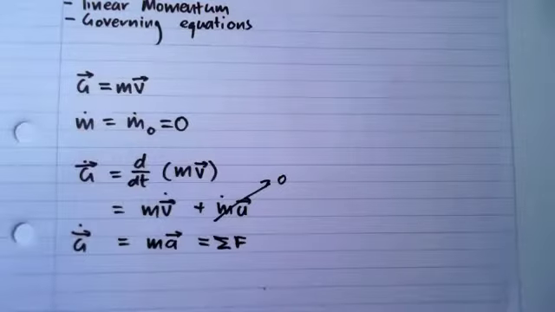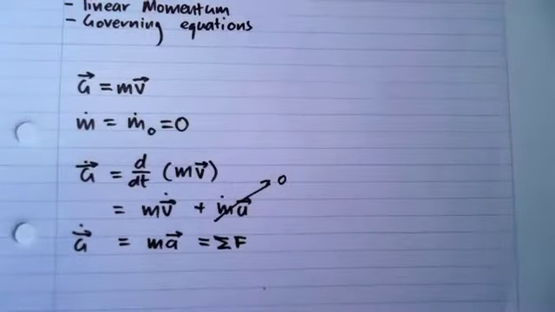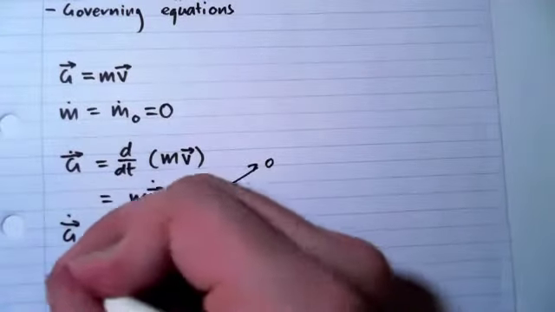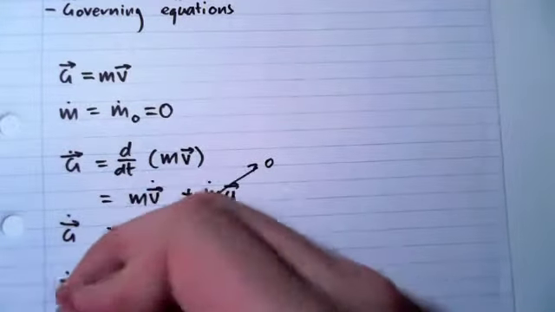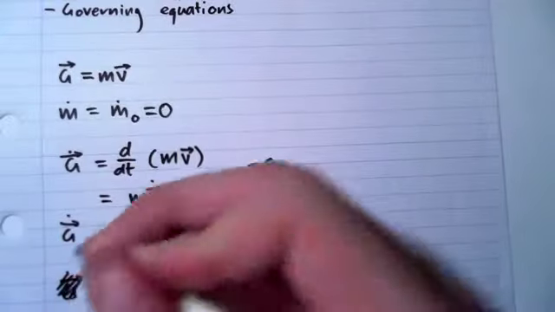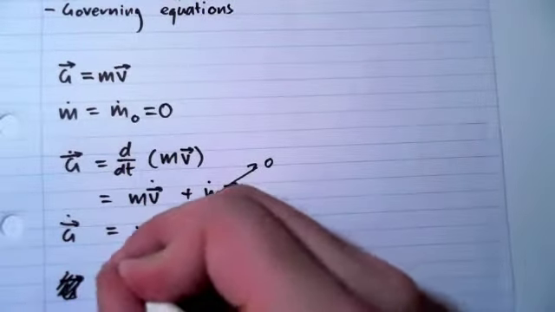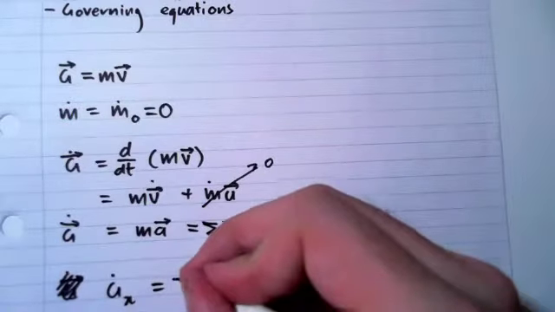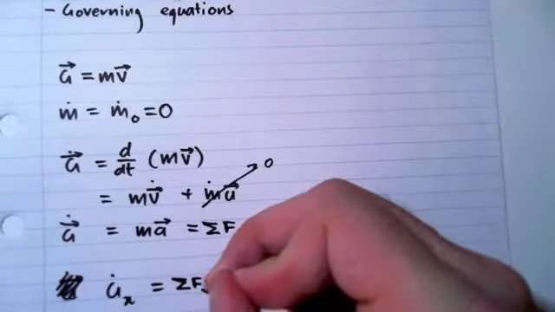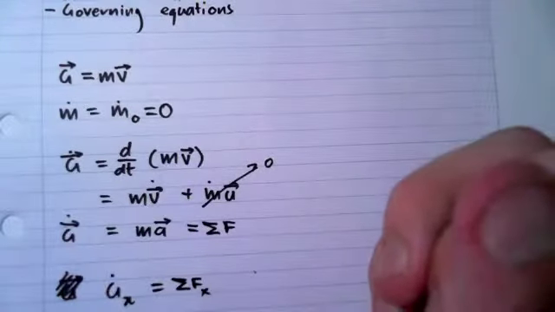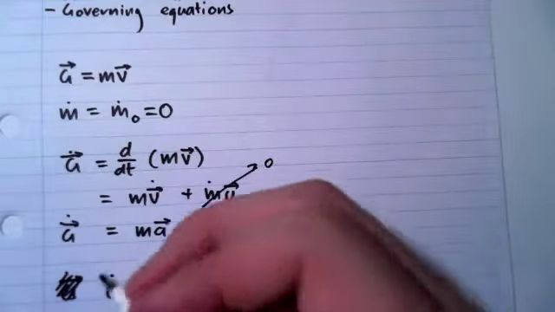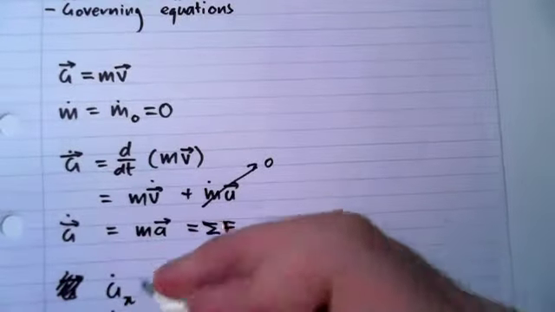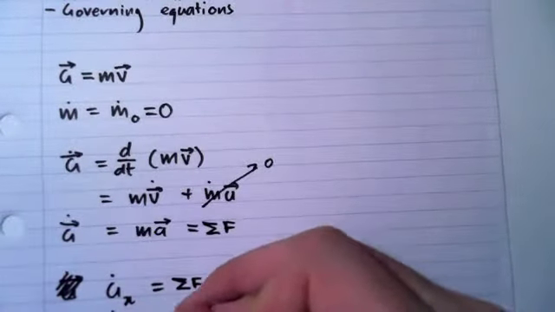The time rate of change of linear momentum in the x direction is equal to the sum of the forces in the x direction. Now, the sum of the forces in the y direction is equivalent to the time rate of change of linear momentum in the y direction.